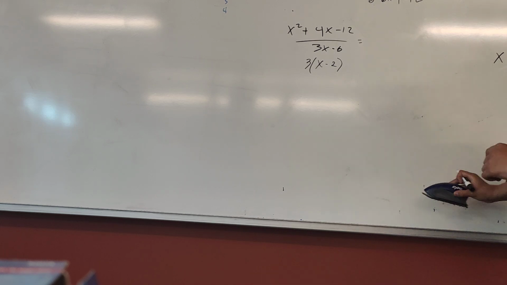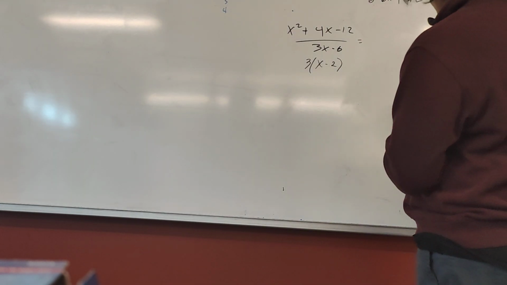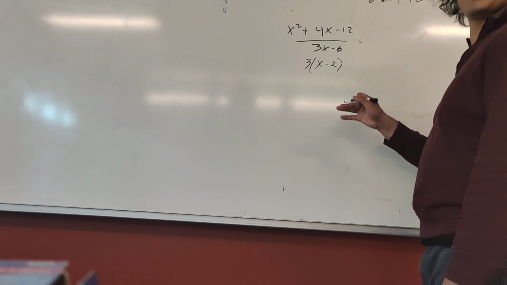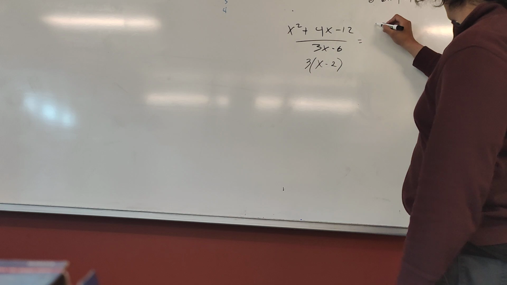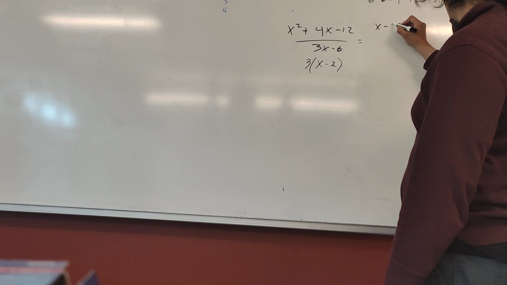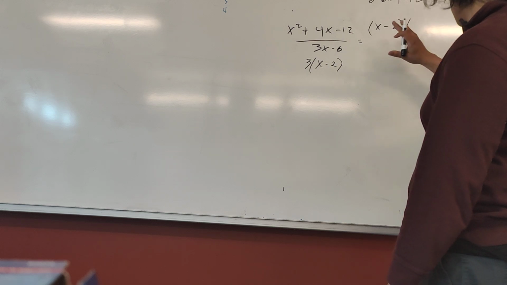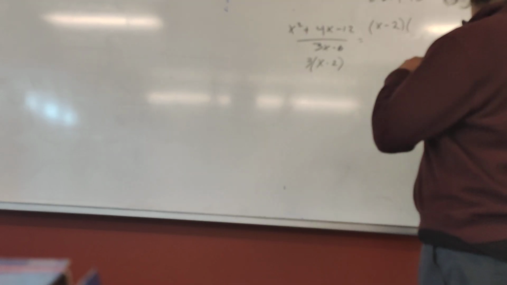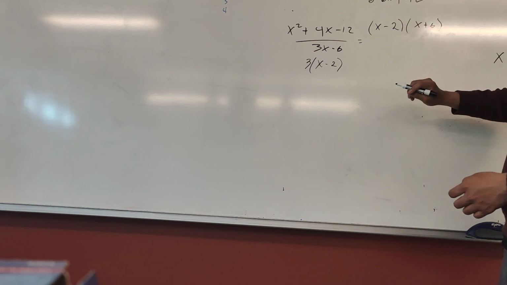Okay. Well, let's move on and do some algebraic manipulation. So we have x minus 2, parentheses, times x plus 6.